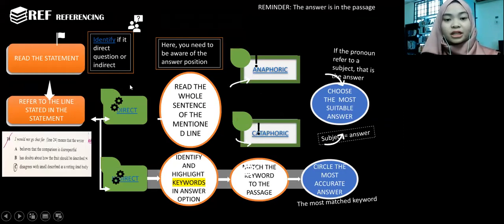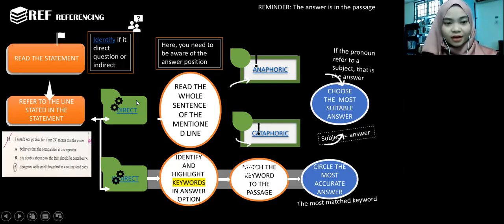Because through reading the statement, we know what the question wants us to do, and we detect the type of the question. Then second, refer to the line stated in the statement. As I showed you in the example before, there is a mentioned line in the statement, like line 24. That's where you need to refer, because the answer is somewhere there.